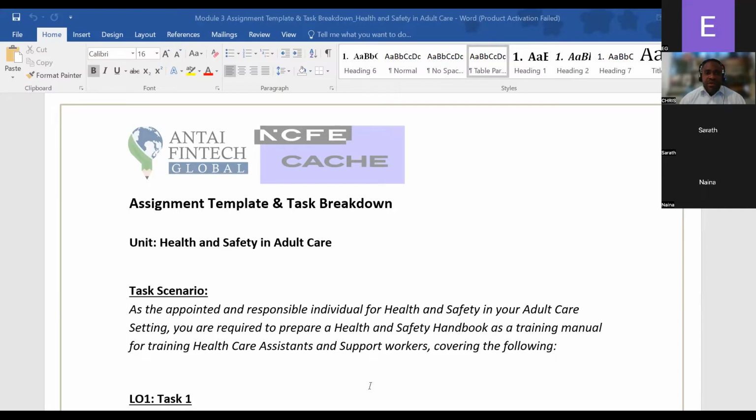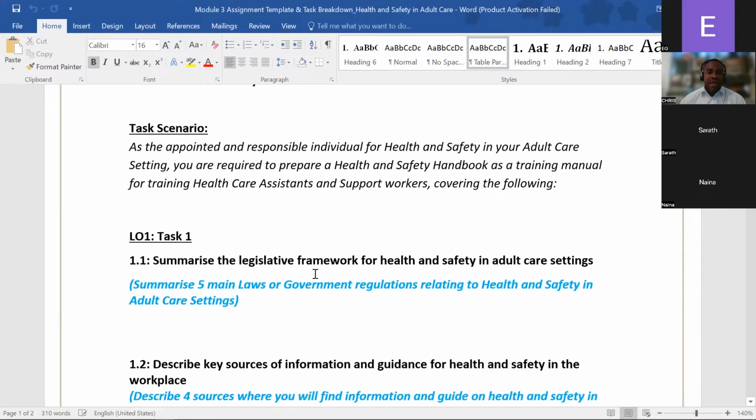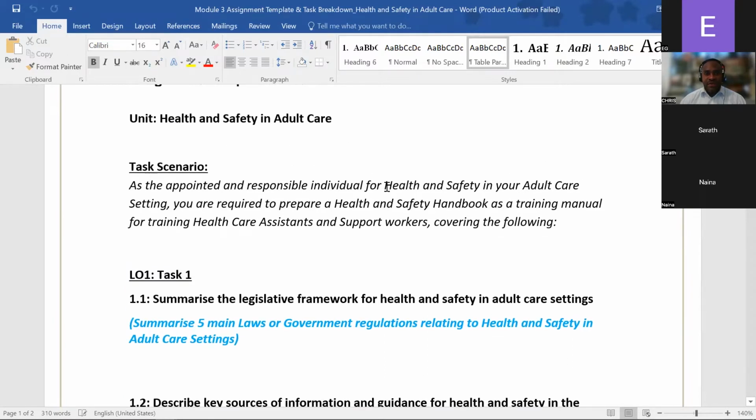So this is the scenario we have, and everything stems from the scenario. As the appointed and responsible individual for health and safety in your adult care setting. The adult care setting may be a care home, a residential home, a daycare center, or wherever the adults or the elderly are being taken care of. It could be a very sheltered residential home.